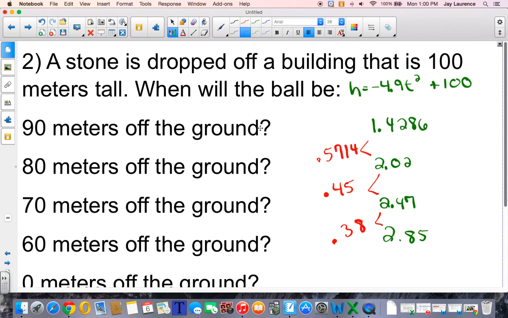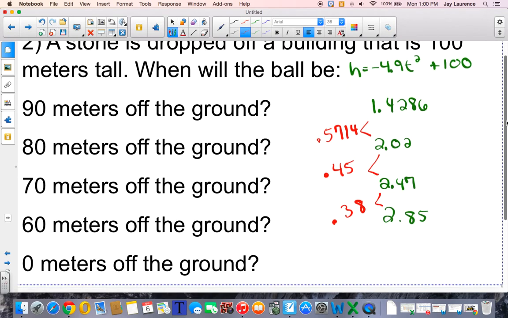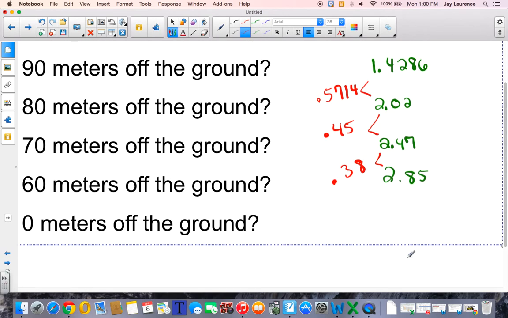Just showing you it's not falling at the same exact amount every second. The more it falls, the faster it goes. And that has a limit. It hits that thing called terminal velocity due to air resistance. But we're not going to worry about that in this class. All right, so I just wanted you to see those times there, okay?